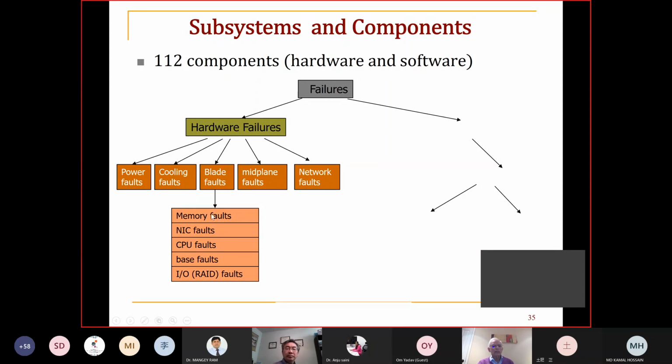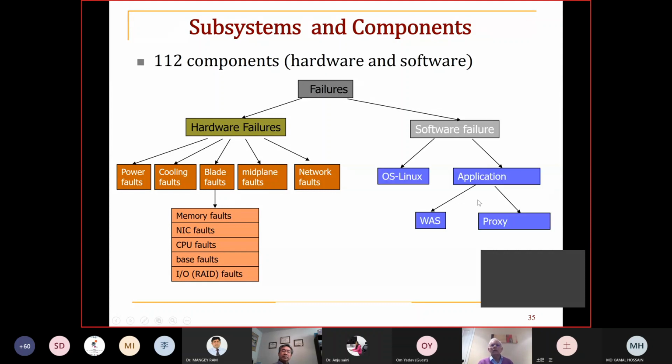Each blade has a memory subsystem, a network interface card, CPU, base, I/O, and a mid-plane network. It has networks, Ethernet and other networks. On the software side, each node has a Linux operating system, and application-wise, some nodes have WebSphere Application Server, and some nodes have the proxy server, as I showed you earlier.